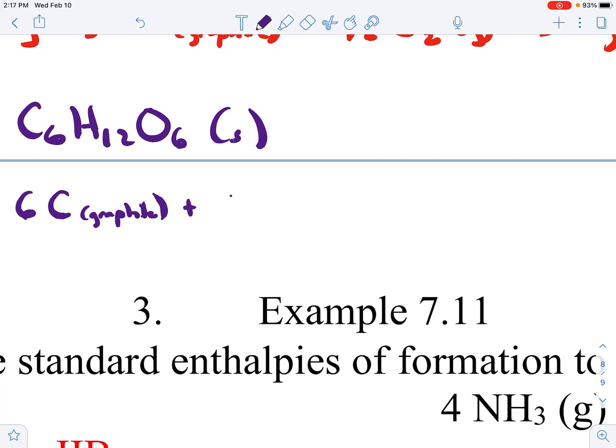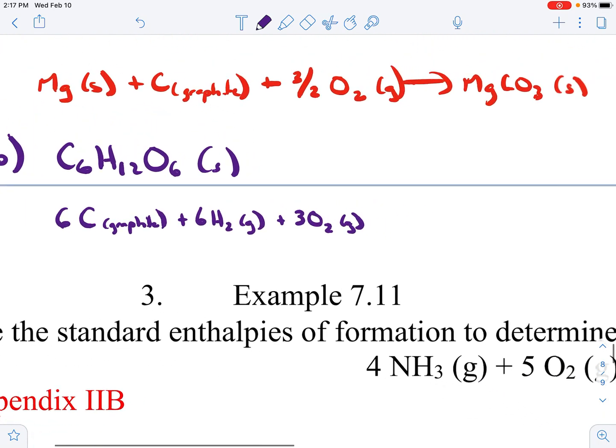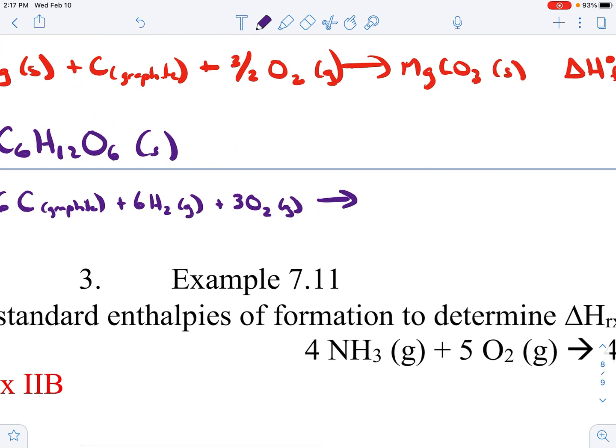Plus, this time we have H2, and that's a gas, so we need 6 of those to get us to 12. Then we need 3 O2s, gas, and that'll form us our simple sugar, C6H12O6. The key here is that we're always forming 1 mole. We don't want to form more than 1 mole.